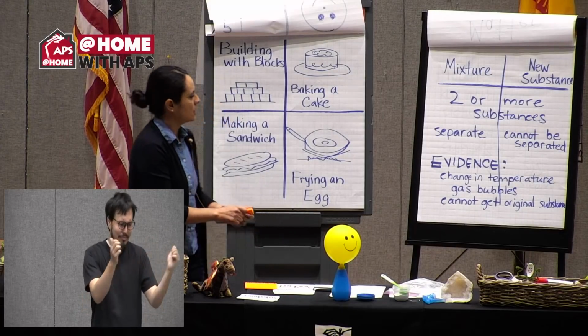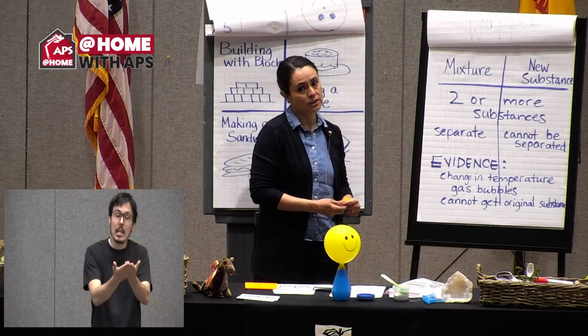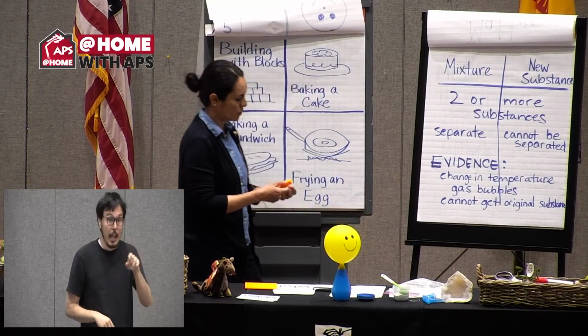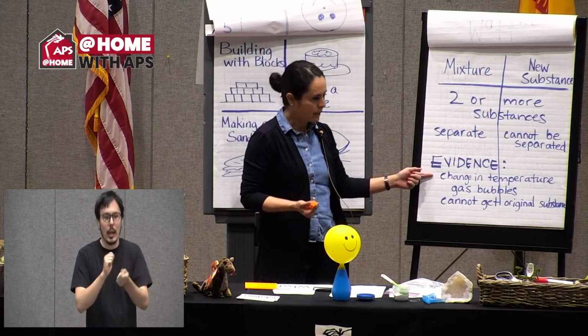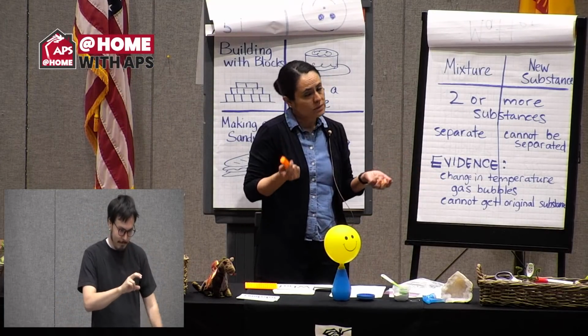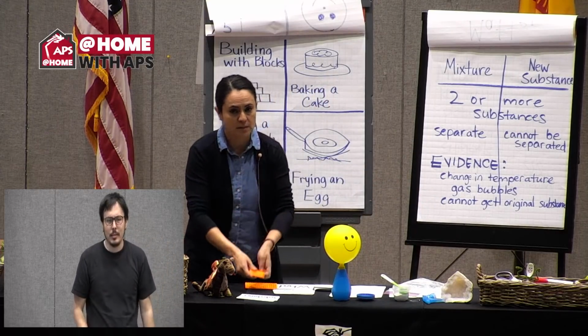something else. So some evidence that's going to help us determine whether we made a new substance is a change in temperature. When I'm building with blocks, I don't have a change in temperature, I don't see gas bubbles, and I can get the original substance, the blocks.